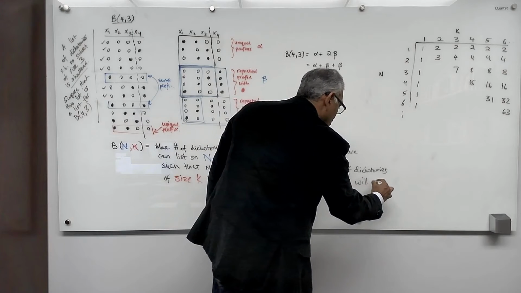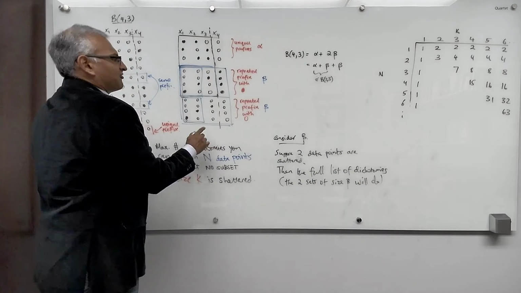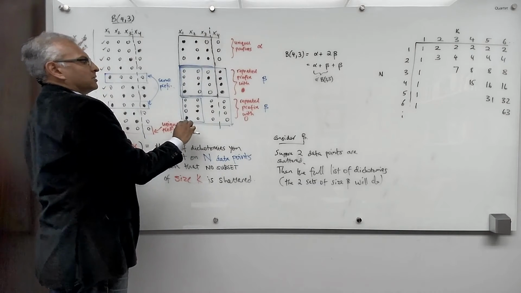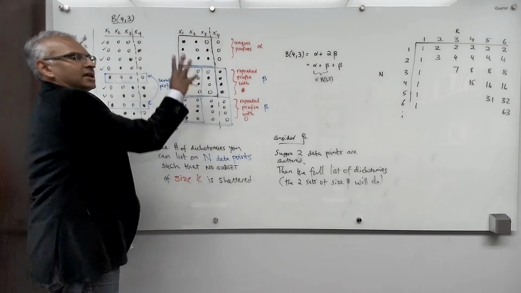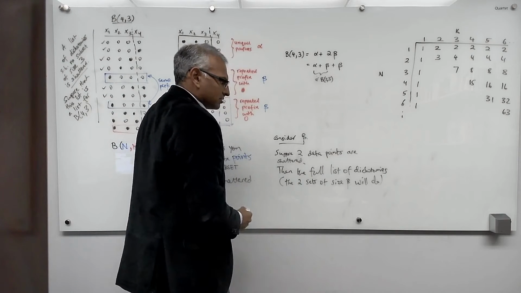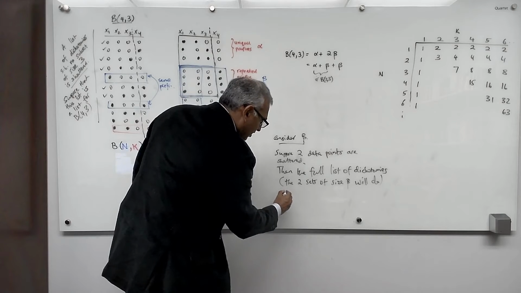If there's a pair of points shattered, combine that with x4, and I'm now shattering 3 points.